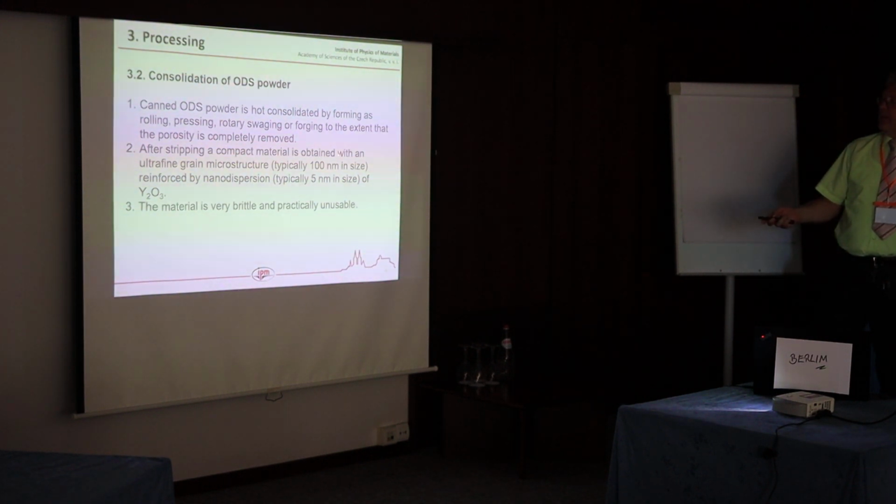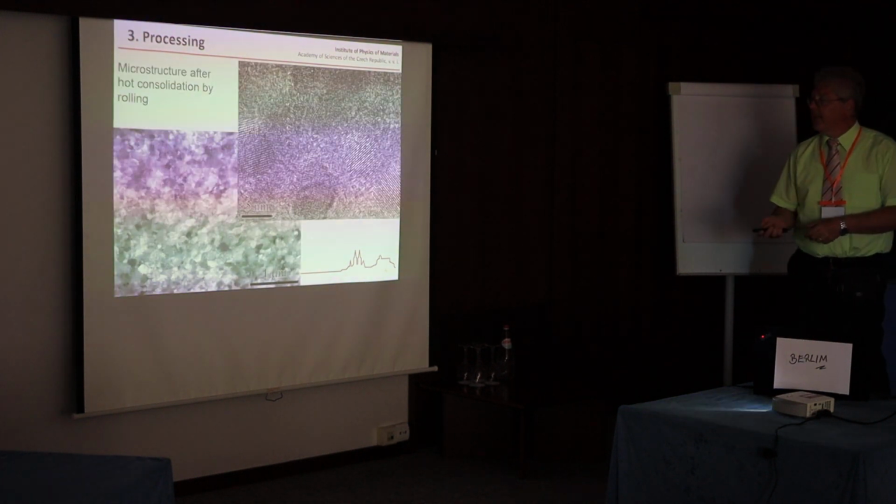And after stripping, the compact material has a very ultra-fine grain microstructure, which has a typical grain size of 100 nanometers, and the nanodispersion of yttrium oxide, which has an average size of 5 nanometers. The material is very brittle and practically unusable.